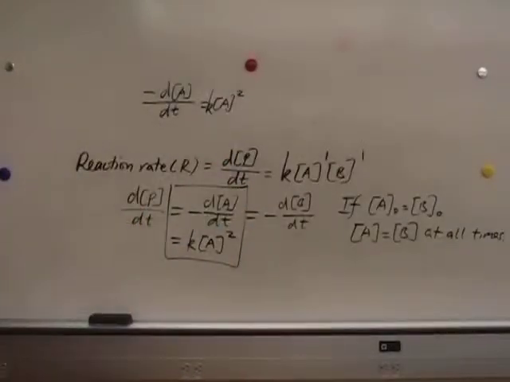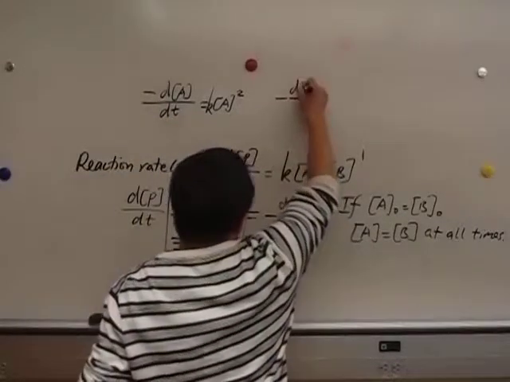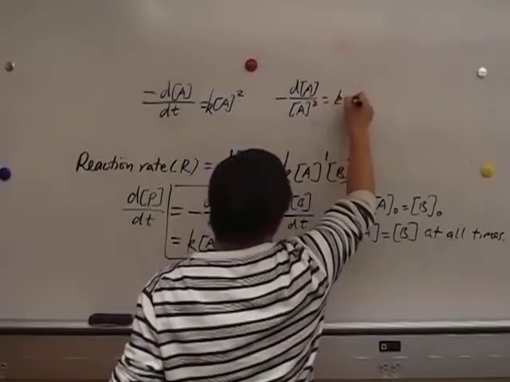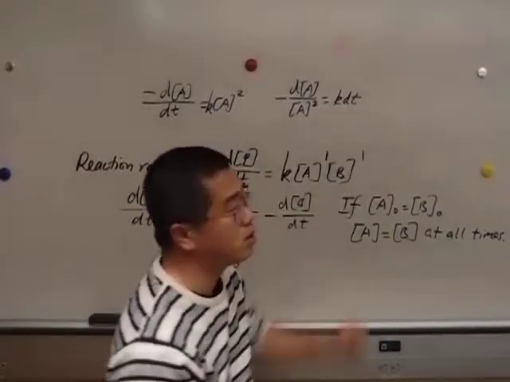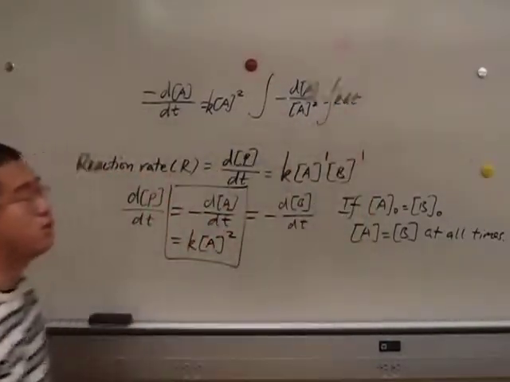Whenever we can, we separate the variables, so we're going to do that right here. We have A on one side, we have k and t on the other side. Actually, k is a constant, I'm sorry. t is a variable here, and we integrate.